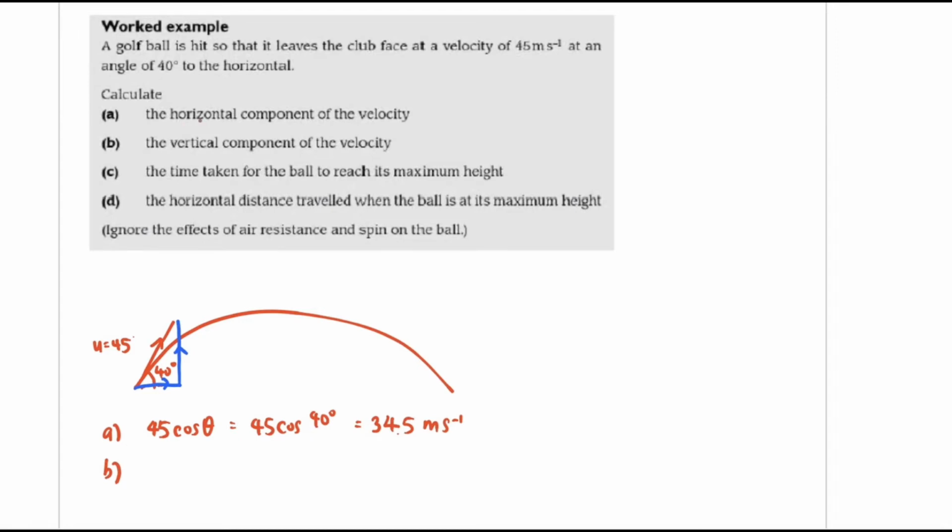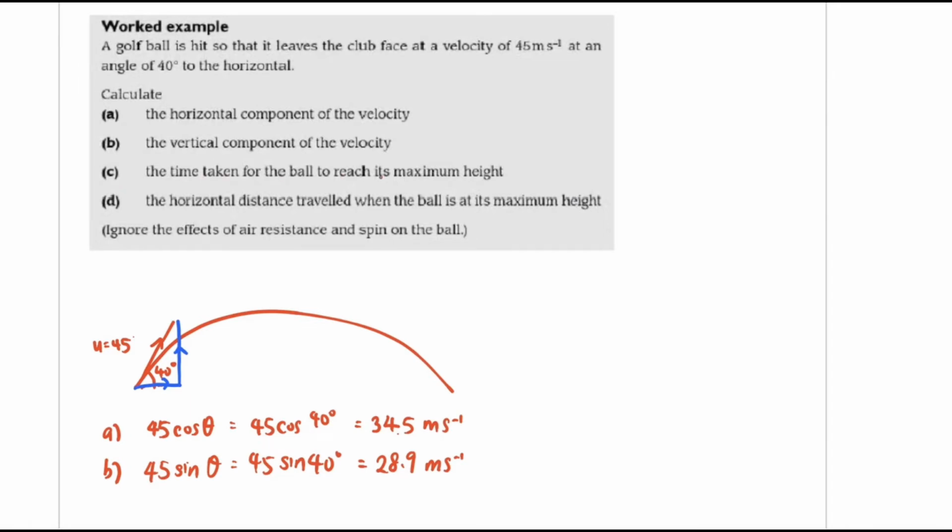Now we look at B, the vertical component of the velocity. Remember, this is opposite of the angle, involving sine. So 45 sine 40 degrees. Press calculator to get 28.9 meters per second.